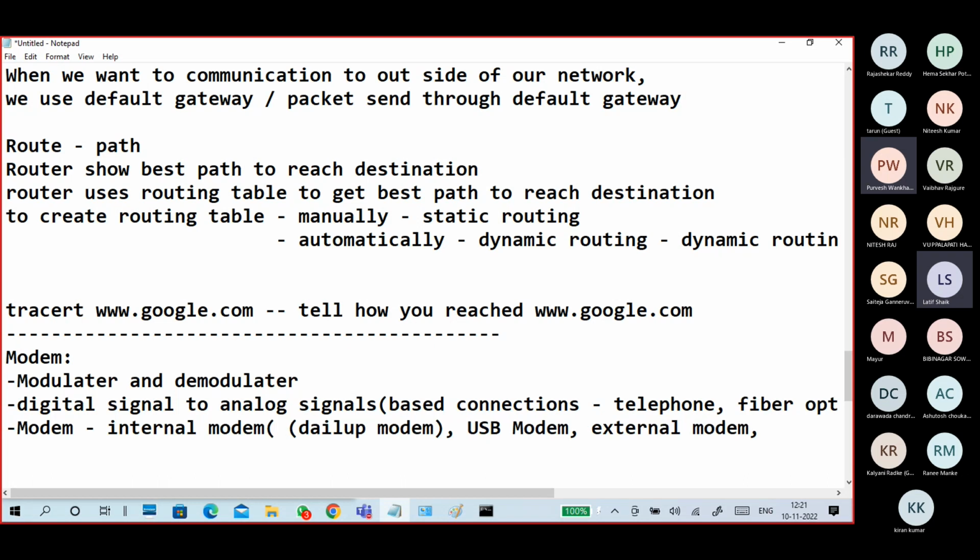Internal modem means it's built inside a PC or laptop, both are the same. Built inside a laptop or a PC. Dial-up modems mean usually for telephone, it is a kind of telephone.